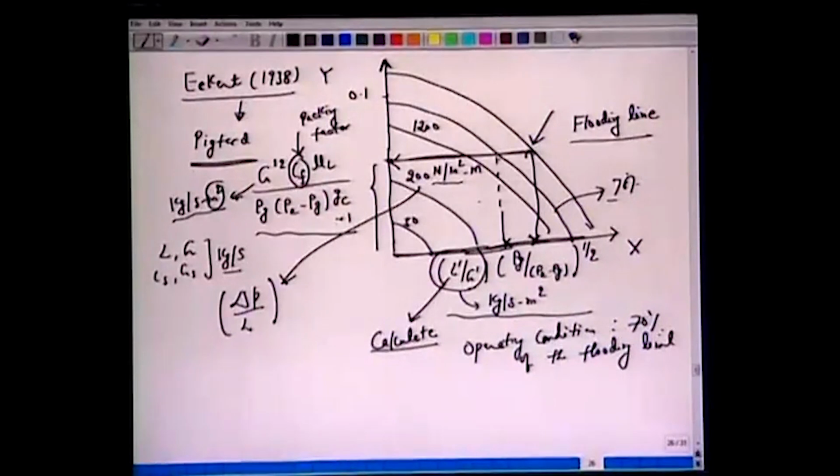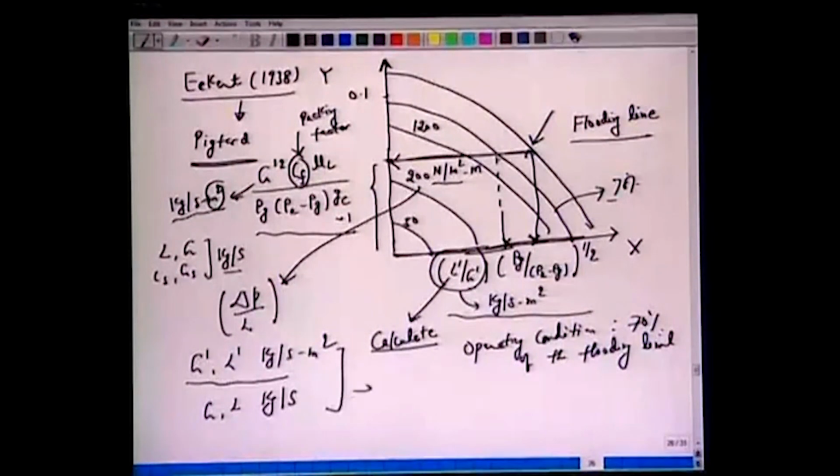More important to note here is that we are working on quantities like G prime and L prime, which we said are kg per second per meter square, which means if we know either L prime or G prime, and if we know G and L actual in kg per second, then from this we can get the cross sectional area of the column. So it's hydrodynamics which gives us the cross sectional area of this column.